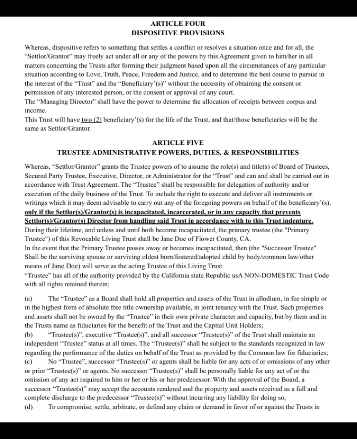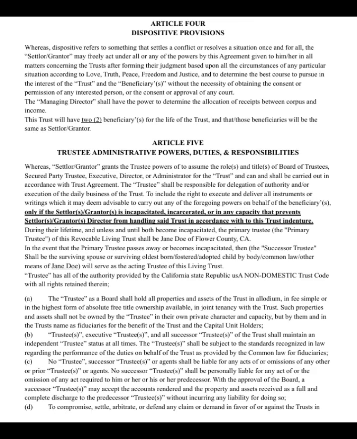Only if the settlor grantor is incapacitated, incarcerated, or in any capacity that prevents settlor grantors from directing, handling said trust in accordance with this trust indenture during the lifetime, and unless until both become incapacitated, the primary trustee of this revocable living trust shall be Jane Doe of Flower County, California.